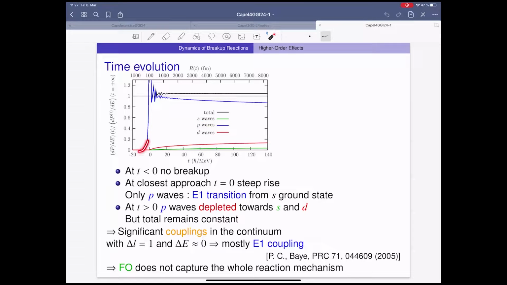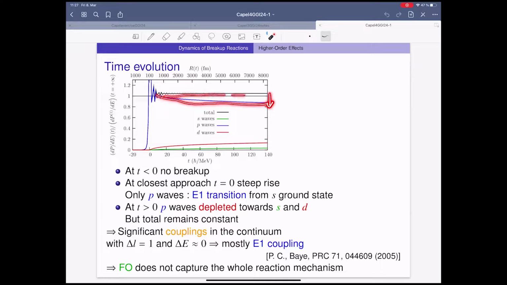And initially, everything is in the P wave. It's the blue line that you see here. Then you have oscillations. These are quantal effects. Fine. And then we are at 1000 Fermi. You could say that's far enough, so nothing happens. But we see that the P wave starts to be depleted. You have a decrease in the P wave.